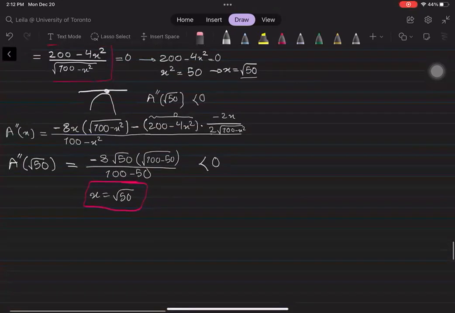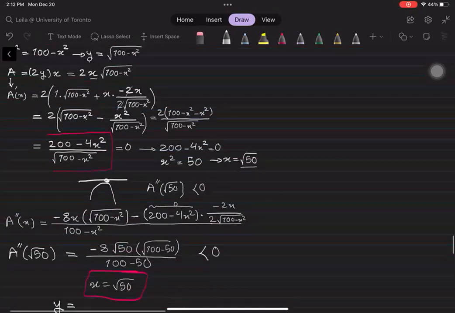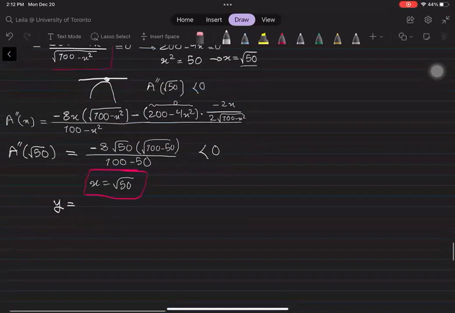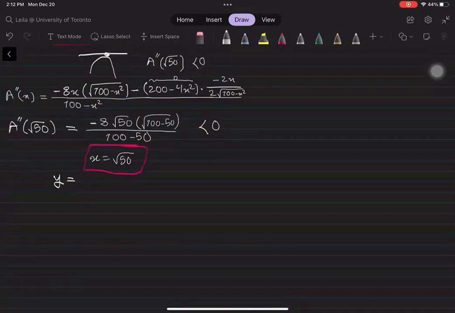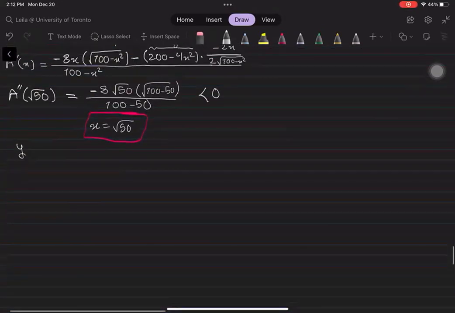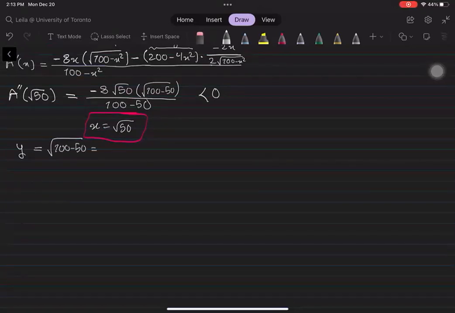So here you have x, and then by just substituting in this equation, you have y is equal to square root of 100 minus x squared. So again, 100 minus 50 is equal to square root of 50.